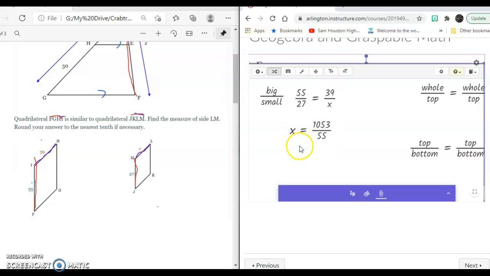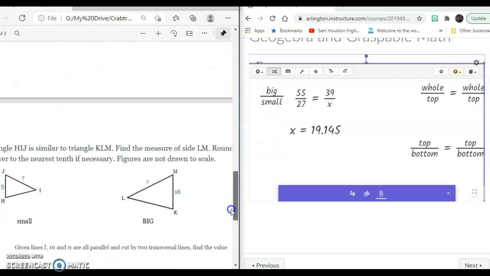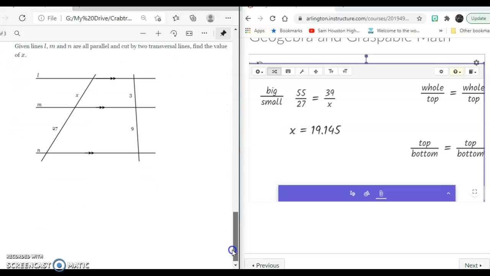All right, so now we have a decimal, and it tells us to round your answer to the nearest tenth, and we're looking for LM, which is X. So that means 1 decimal place, and after that 1 decimal place is 4, which is less than 5, so our answer is 19.1. Okay? Questions, we'll see you next time, and then you can ask.